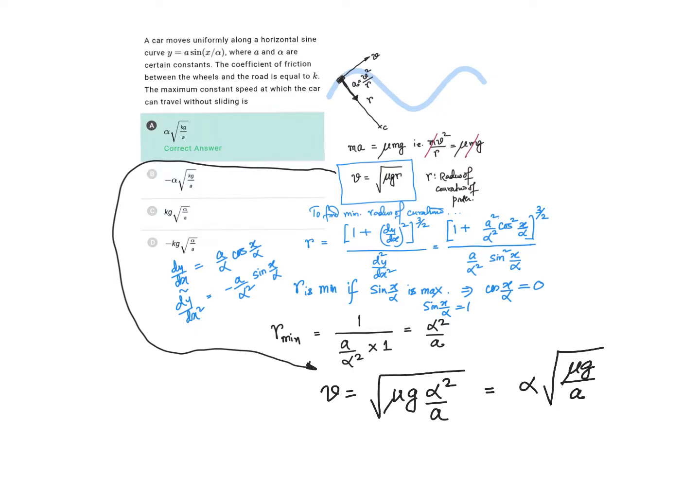By the way, in this problem the coefficient of friction is given by K, so you can just replace mu by K. So that's K instead of mu, K G by A. So option A is correct.